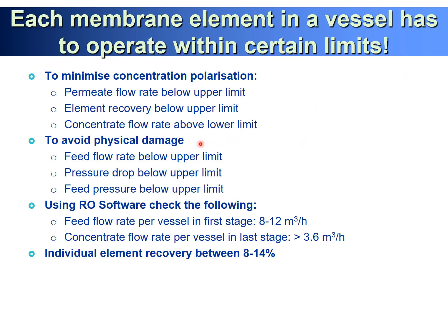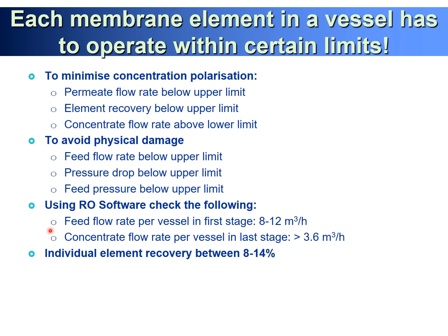To avoid physical damage, feed flow rate below the upper limit, pressure drop below the upper limit, and feed pressure below the upper limit, which means if you have too high pressure, you will have a telescopic effect on your RO elements. So we always have to make sure the maximum limits are respected for your feed pressure, pressure drop, and feed flow rate.